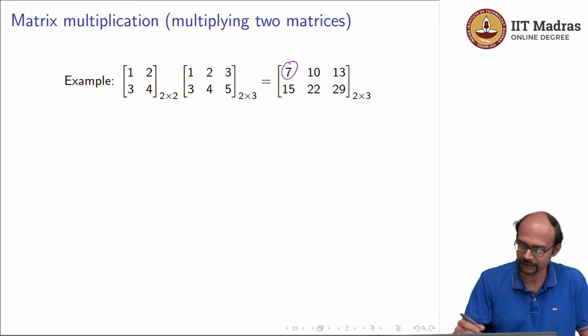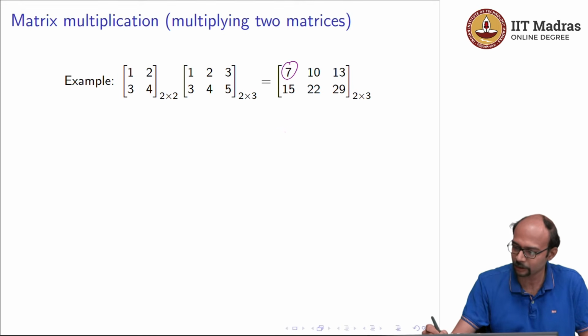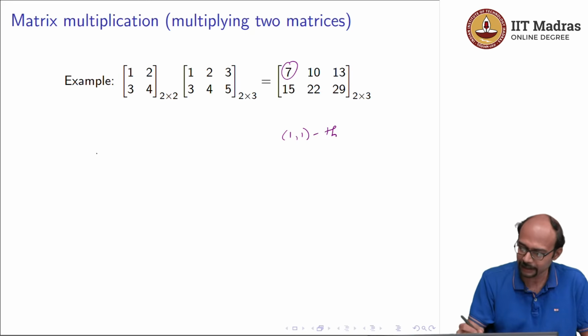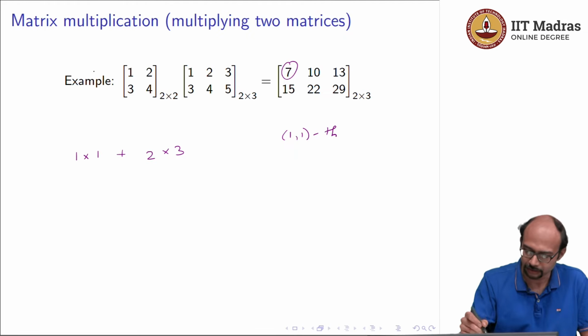How did I get 7? 7 is the 1/1th entry of this matrix. For the 1/1th entry, I look at the first row of the first matrix, and then I look at the corresponding entries of the first column of the second matrix. So the first 1 and 2 came from here.